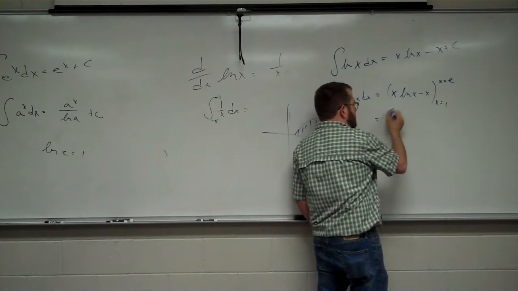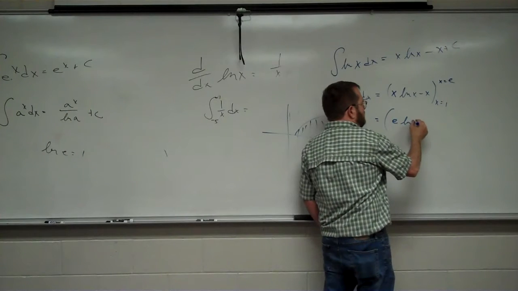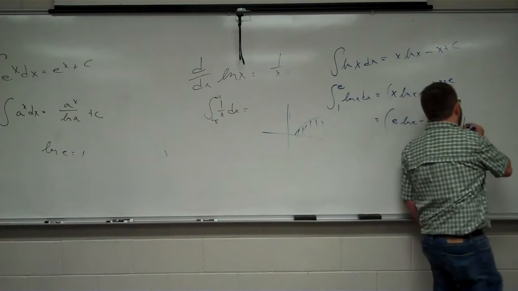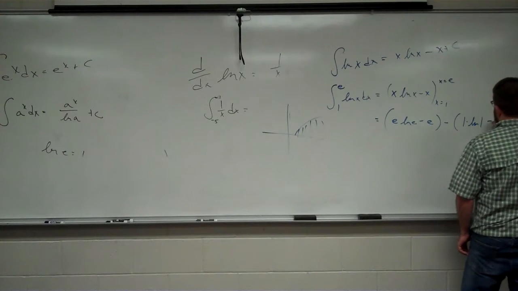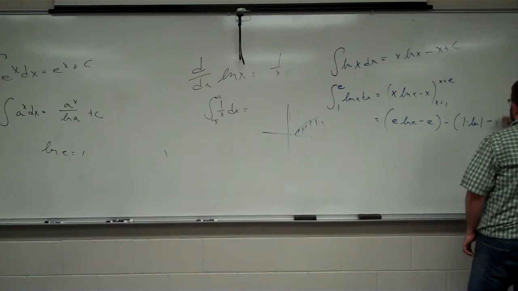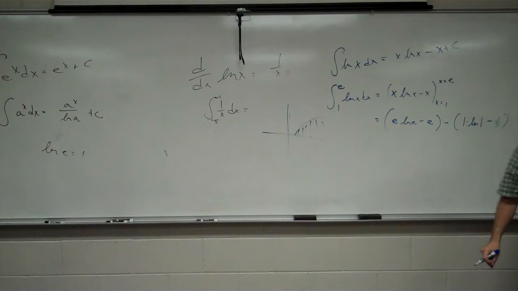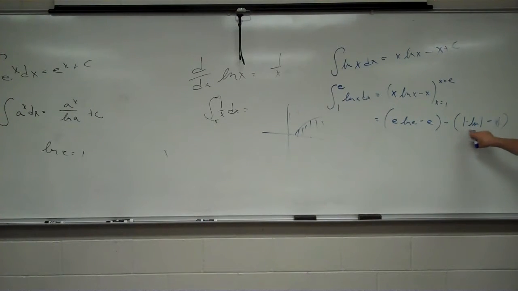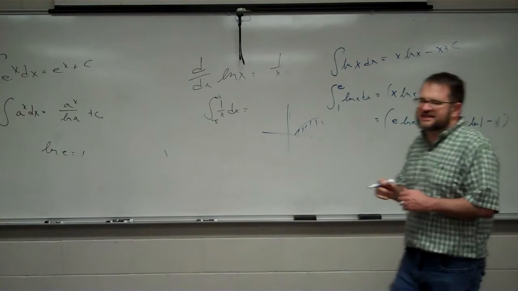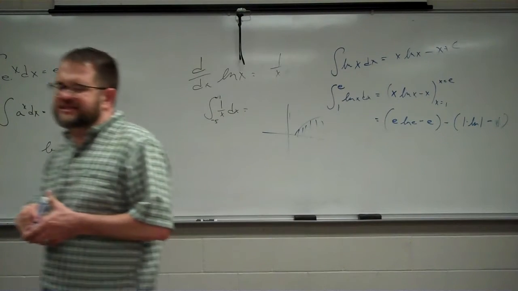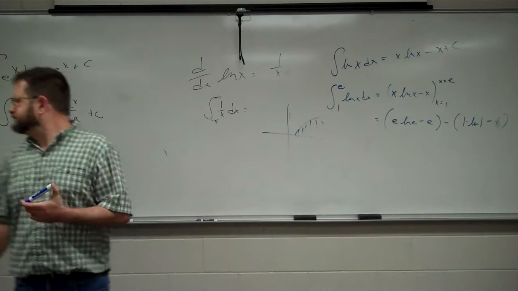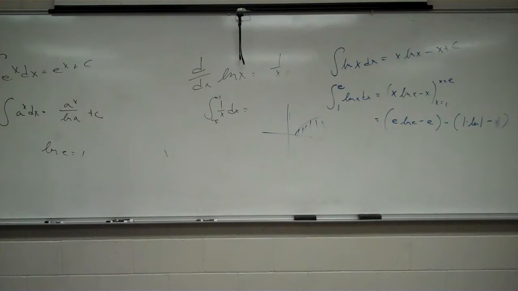So that's going to be e times the log of e minus e, minus 1 times the log of 1 minus 1. And then it's simplification. I'll leave that to you. There are all kinds of things that are going to cancel out, like e log e and 1 times log 1. There are all kinds of things that are going to go to 0 or cancel out. But that's just like algebra. So you got that one.